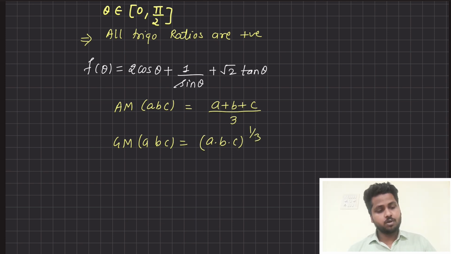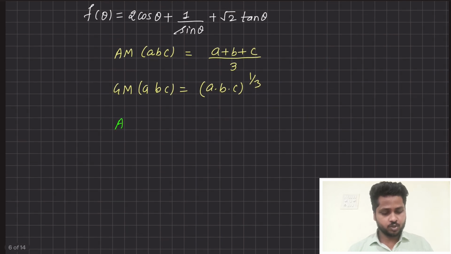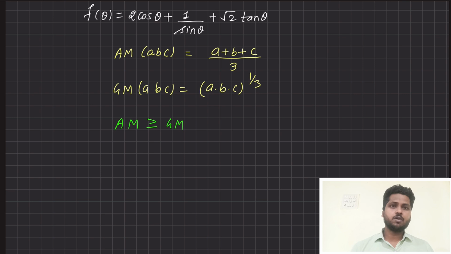Okay, a very good result for arithmetic mean and geometric mean, the AM and GM inequality we can call it, and it is a concept from sequence and series. So AM is greater than or equal to GM. Understanding? So I will take A is equal to 2 cos theta, B is equal to 1 upon sin theta and C is equal to root of 2 tan theta.